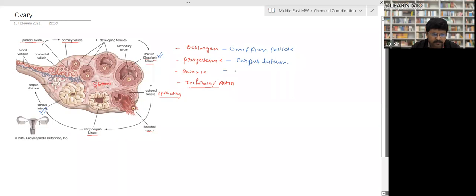Relaxin is also secreted by the corpus luteum. Full stop.